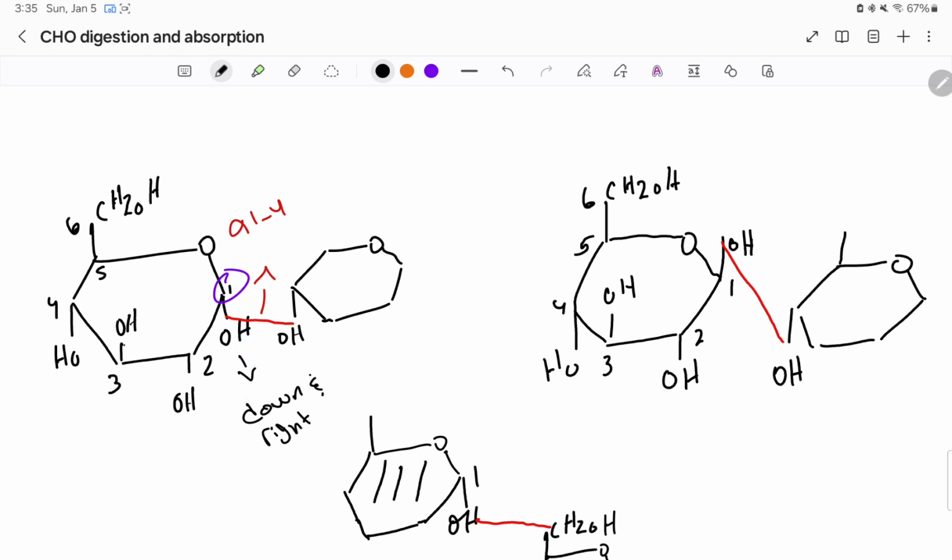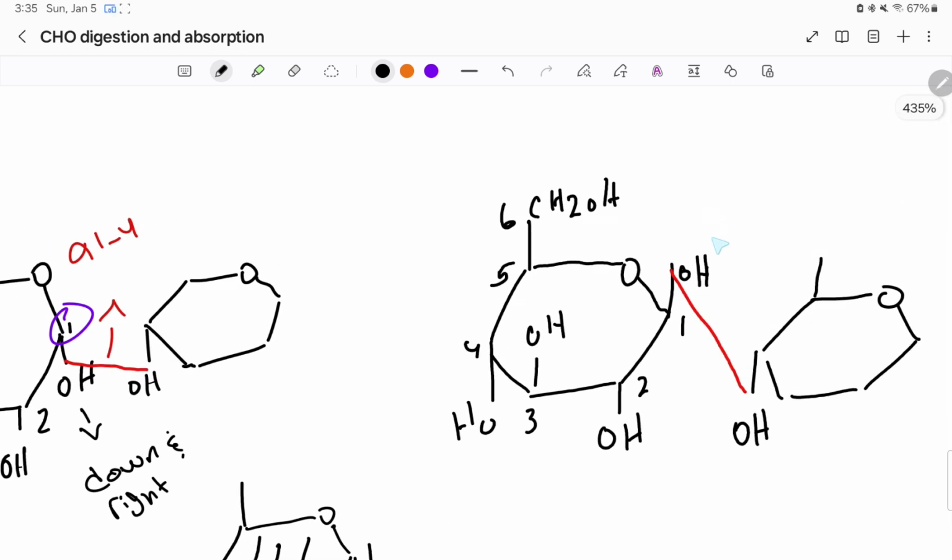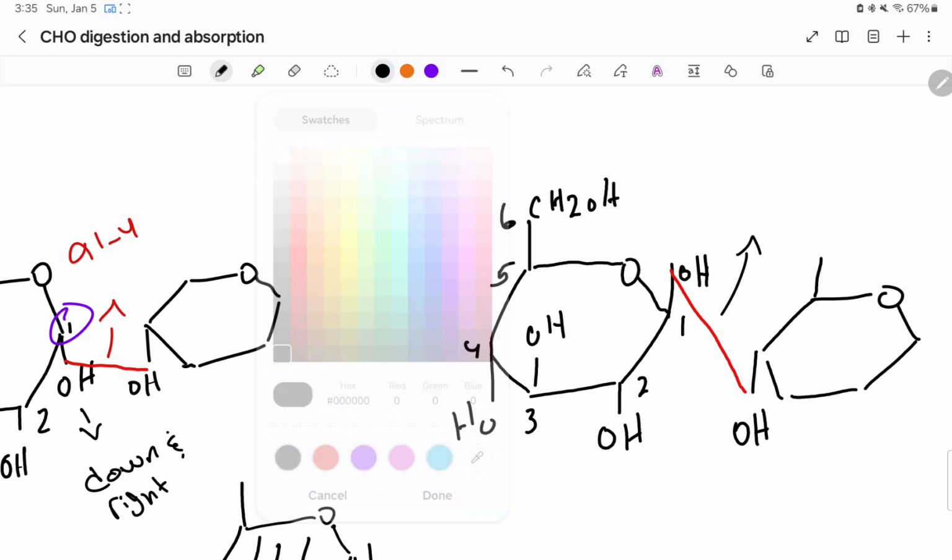What if it's pointing up? Well, if the hydroxyl group is pointing up on the anomeric carbon, then you're going to have this different kind of bond between another glucose molecule. What's that other kind of bond called? Okay, this bond here is called a beta 1,4.